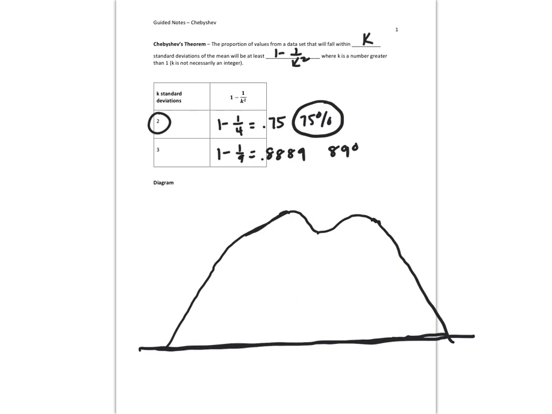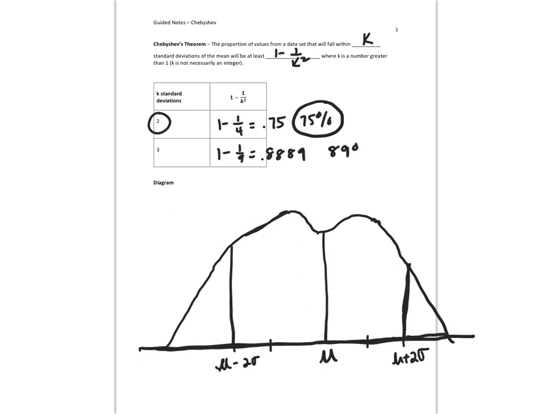So if my mean is here, I'm just putting it there. Within 2 standard deviations, this is mu plus 2 standard deviations, and this is mu minus 2 standard deviations.